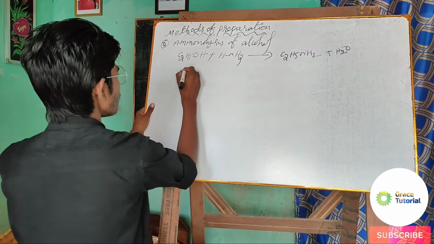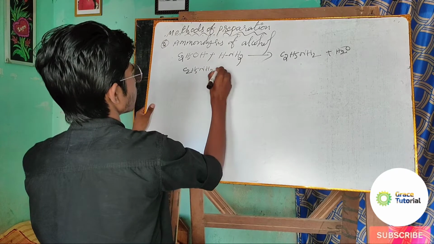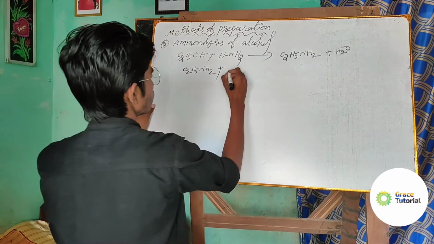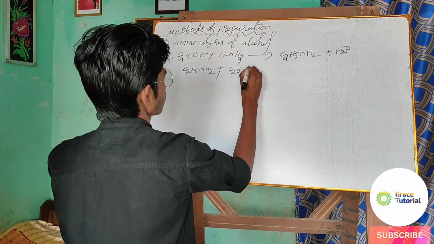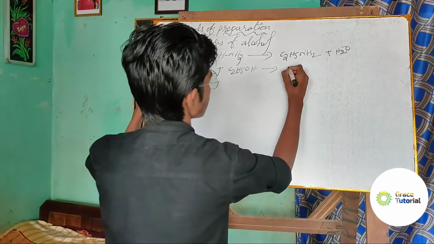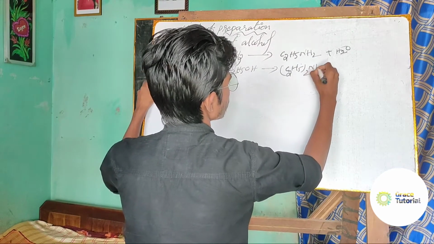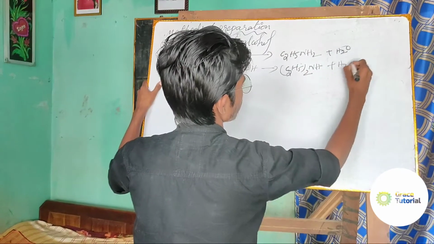But this C2H5NH2 again reacts with ethyl alcohol, C2H5OH, and it gives (C2H5)2NH plus water.